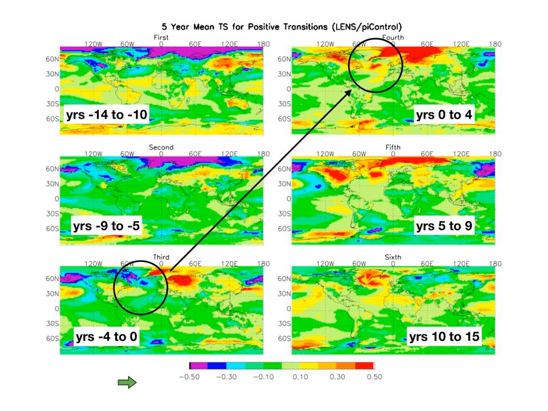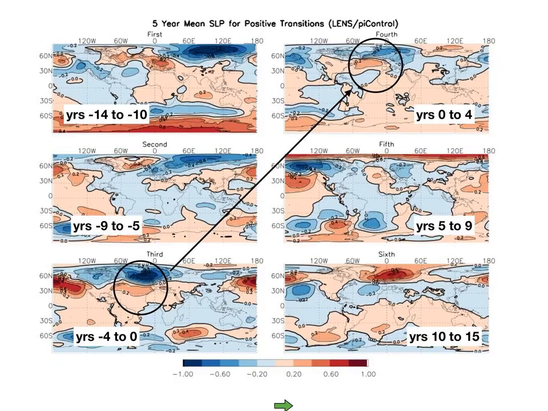So what does the atmosphere do at the same time in the fully coupled model? We see here undefined perturbations leading to a forming up of a positive NAO, I should always be careful about that, in years -4 to 0, the 5 years before the transition.